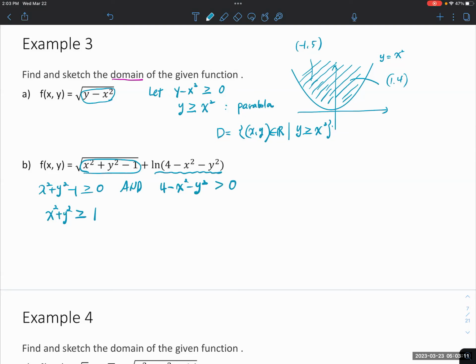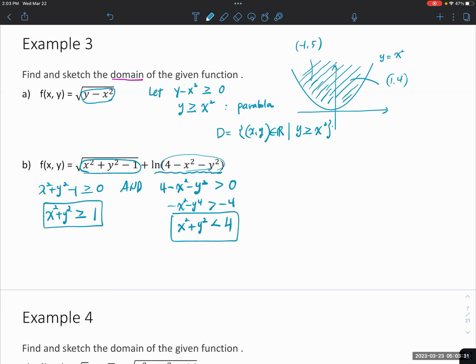It cannot be 0, it's undefined. So for the log, whatever is inside the parentheses should be a positive number. If you modify this one, I switch the signs, multiplying by negative. So I got these 2 pieces of information.